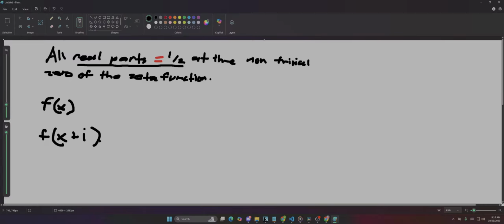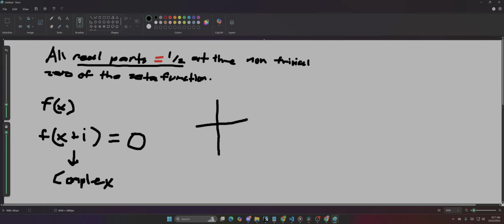It's a real number plus an imaginary number, which is a complex number. And this would have to equal 0. So a complex number that makes the function equal 0. And the thing about a complex number is that it's on a 2D plane, right?